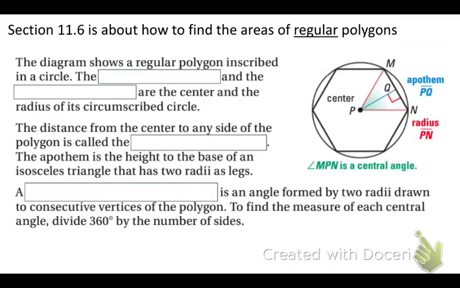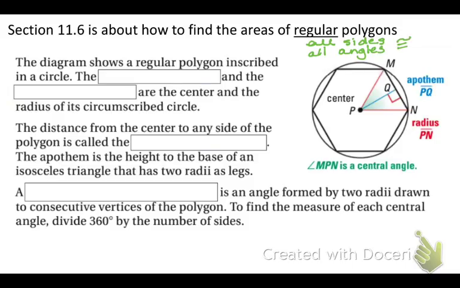So section 11.6 is about how to find the areas of regular polygons. Now, first question is, what is a regular polygon? Okay, a regular polygon is where all sides, all angles are congruent.